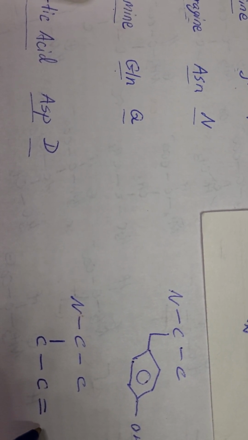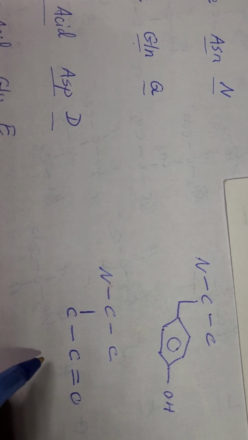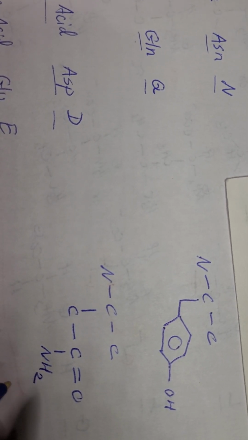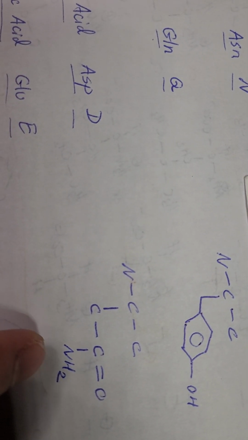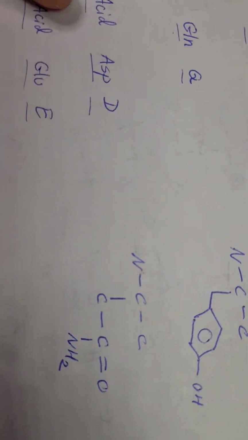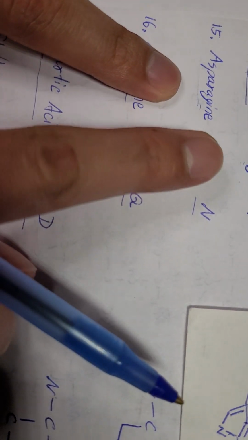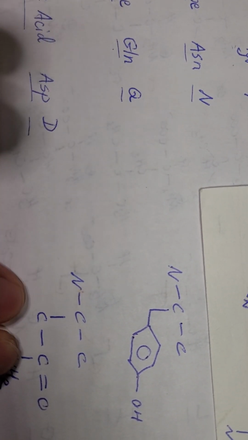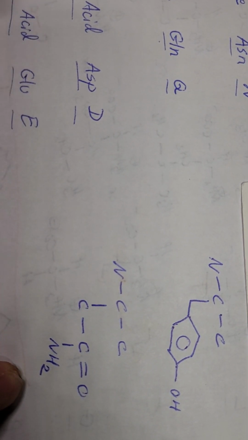The one connected to the carbon is double bond with oxygen, and the next one will be NH2 connected. Okay, understand? Asparagine, N: 2 carbon, 1 is oxygen, 1 is NH2.